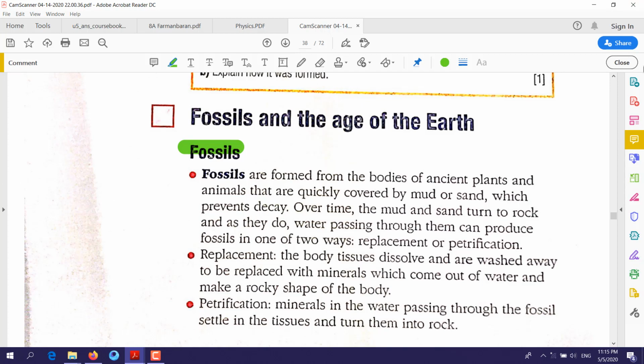They estimated the age of Earth depending on the fossils, and on estimating how long ago these organisms were living on the Earth. So by knowing the age of these organisms, they estimated the age of the Earth.